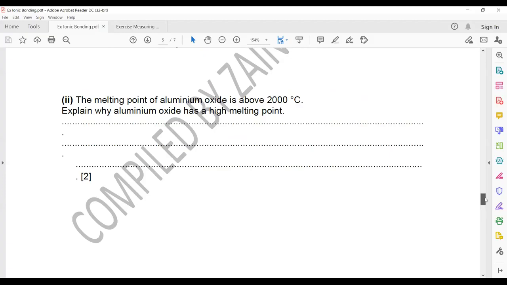Then why is the melting point of aluminum oxide above 2000, and explain why aluminum oxide is a metal oxide. It's an ionic compound, and ionic compounds are solid at room temperature, because any compound which contains a metal and a non-metal is an ionic compound, and ionic compounds are solid at room temperature.